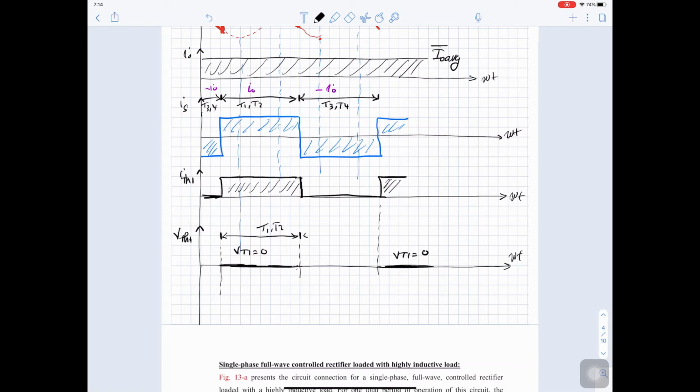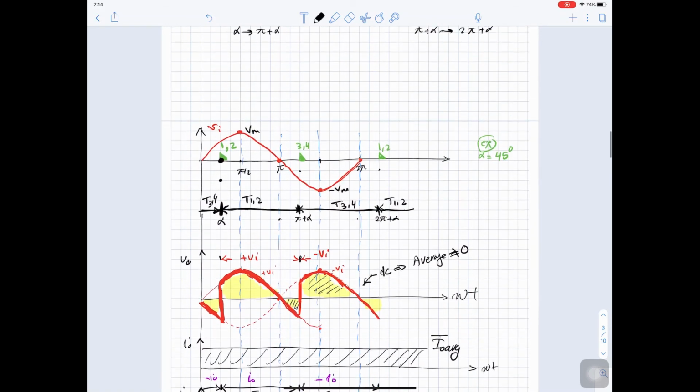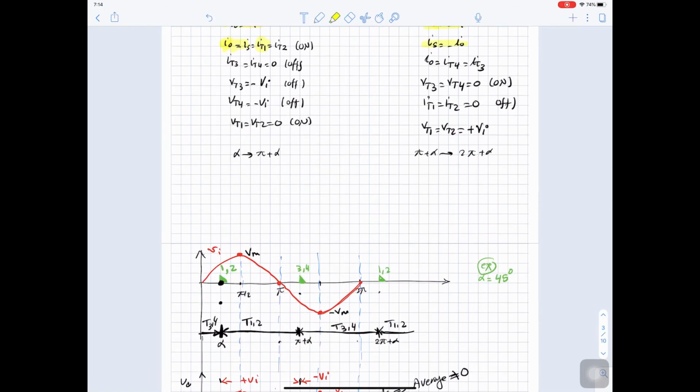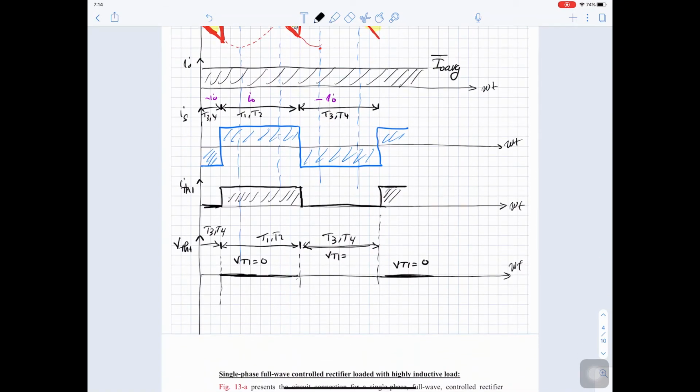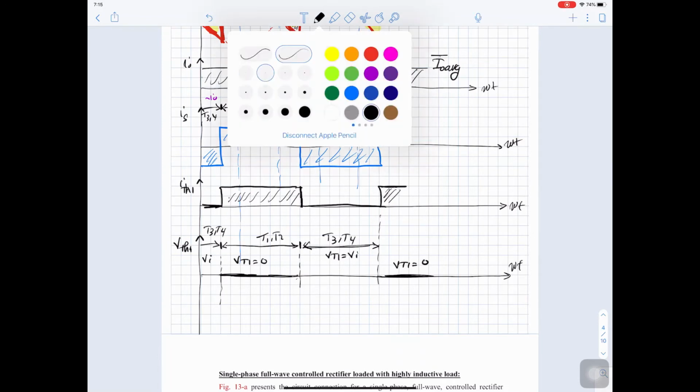Now when 3 and 4 are conducting, thyristor 3 and thyristor 4, V thyristor 1 will equal V input. So V input is a sine wave.